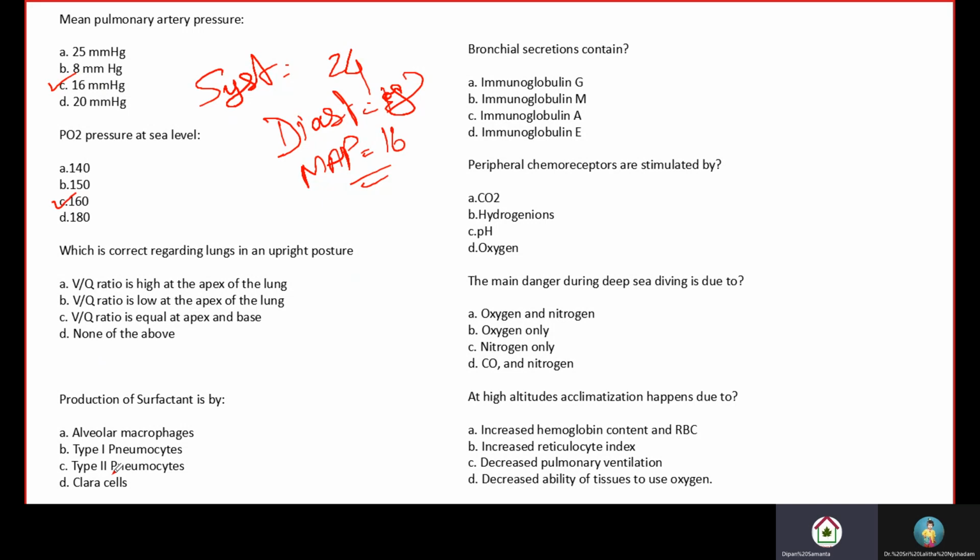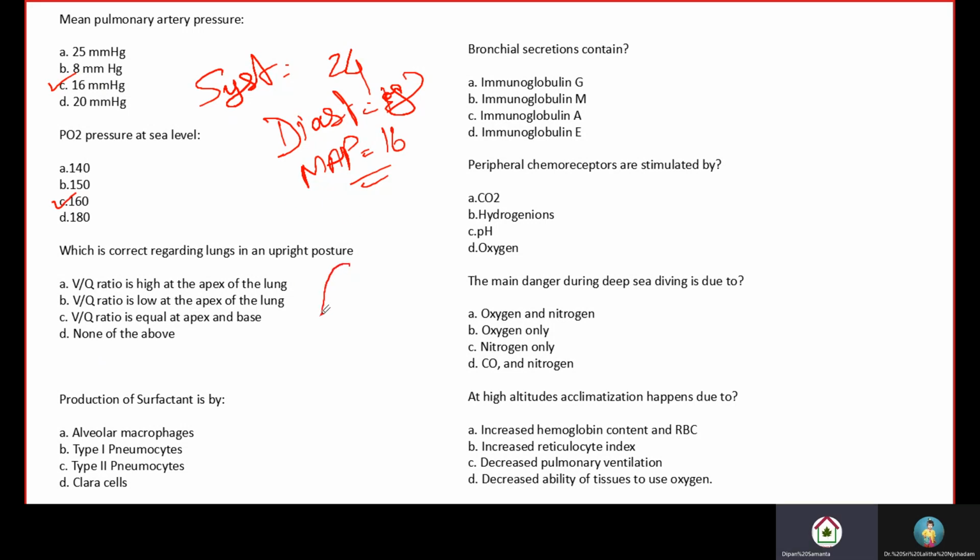Next, which is correct regarding lungs in an upright posture? V/Q ratio, that is ventilation perfusion ratio, is high at the apex.